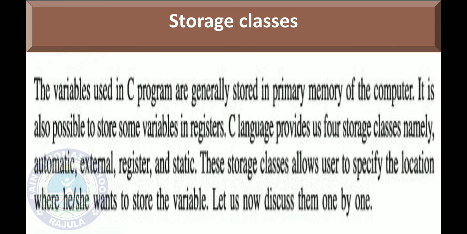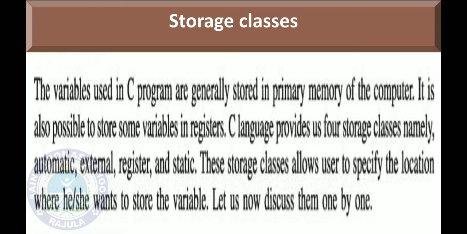Okay, so here the variables used in a C program are generally stored in the primary memory of the computer. Whenever we declare any variable in the C language, it will basically be stored in the primary memory of our computer. It is also possible to store some variables in the register.